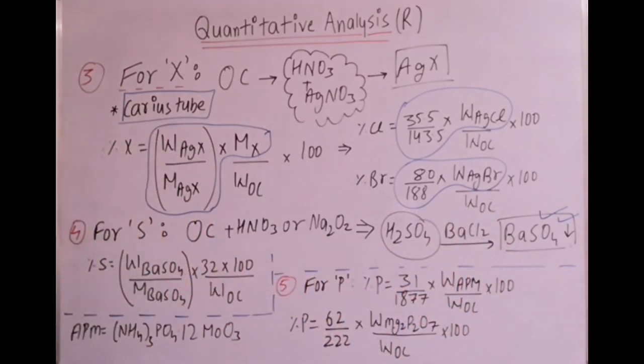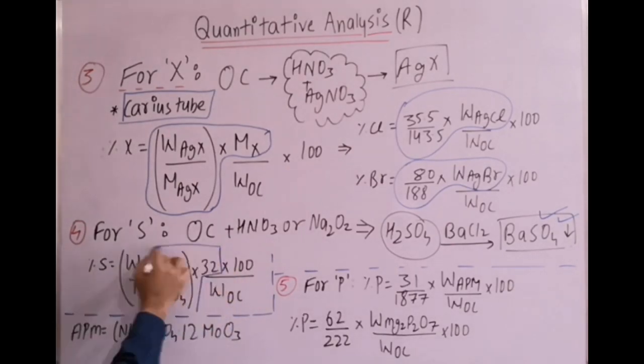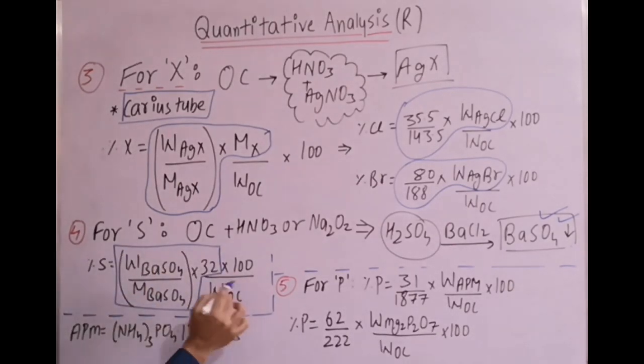Now you can see the formula: weight of BaSO4 given in the numerical divided by its molecular mass, and this term will also be the moles of sulfur, multiplied by the atomic mass of sulfur. This term is the mass of sulfur divided by the weight of the organic compound into 100. Okay.